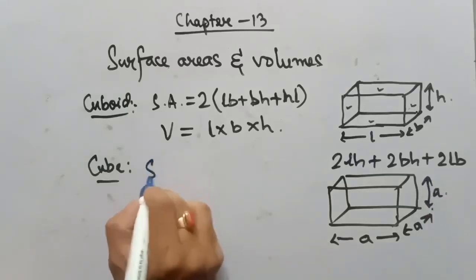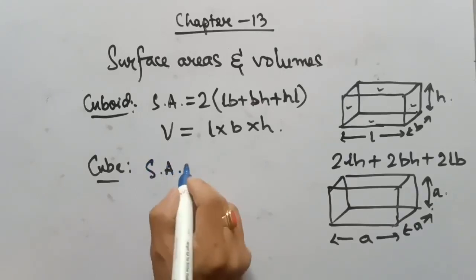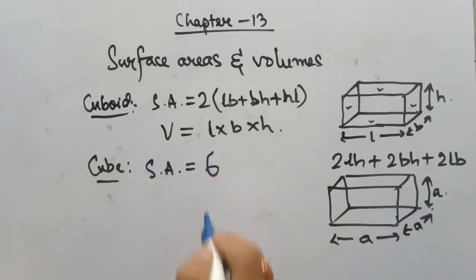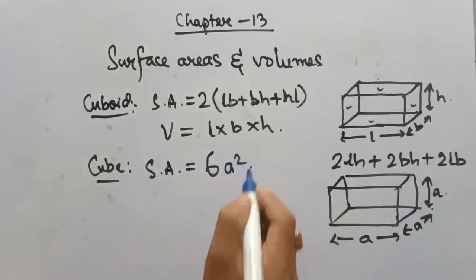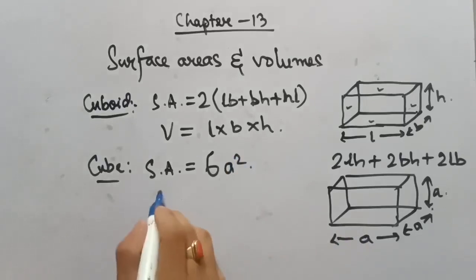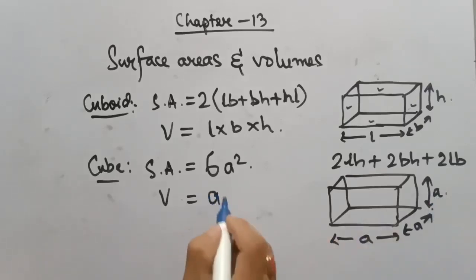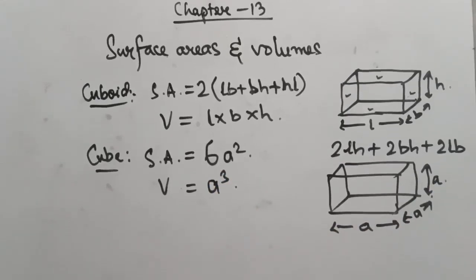So the surface area will be the area of the 6 square faces, that is 6 times a into a, that is 6 a square, and the volume will be a into a into a, that is length into breadth into height. So a into a into a is a cube. So the surface area of a cube will be given by 6a square, and the volume will be given by a cube.